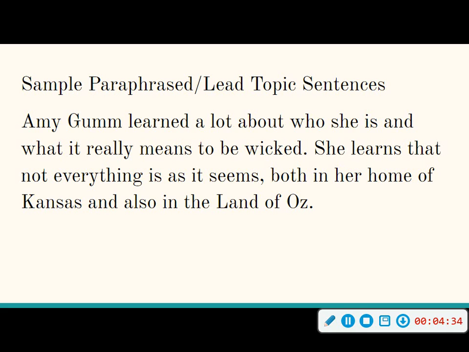You can combine your main characters to say, you know, Citra and Rowan both learn to blah, blah, blah, blah. Or if you've got another 2 main characters, that's the only example I can think of off the top of my head. If they both learn the same lesson, you can combine the 2. Or if you just have one main character, just do that. Okay? I'll give you some time to write that.